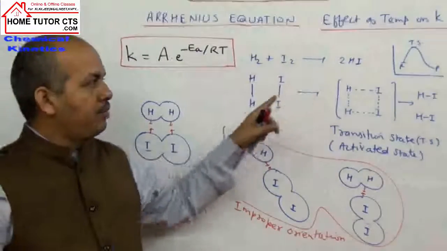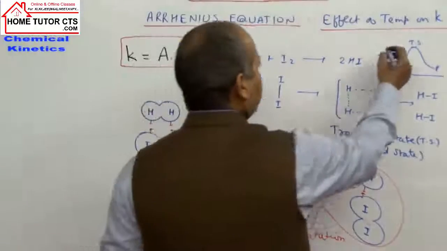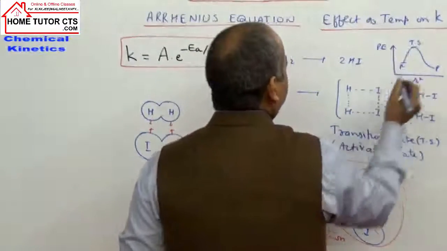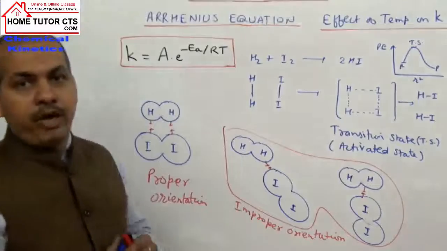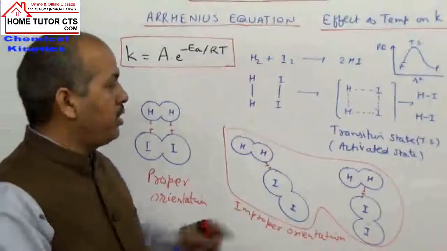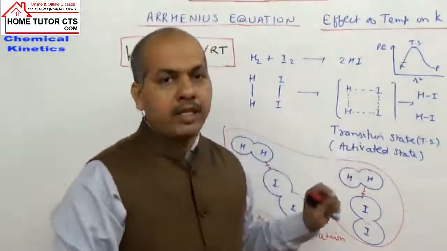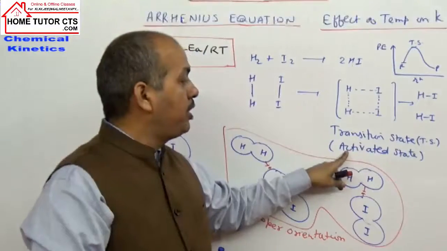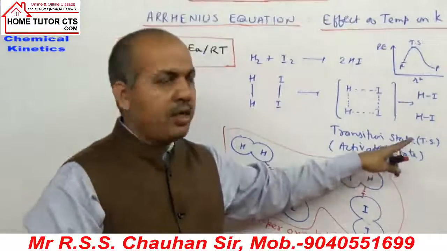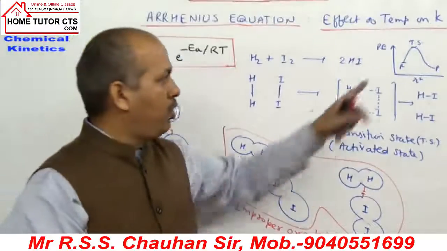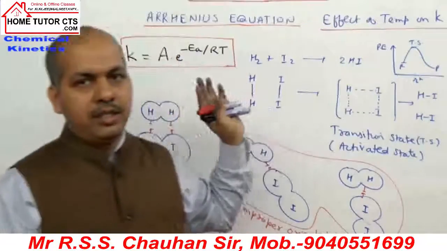In the energy and reaction graph, the highest energy point indicates the energy of the transition state, or the activated state.